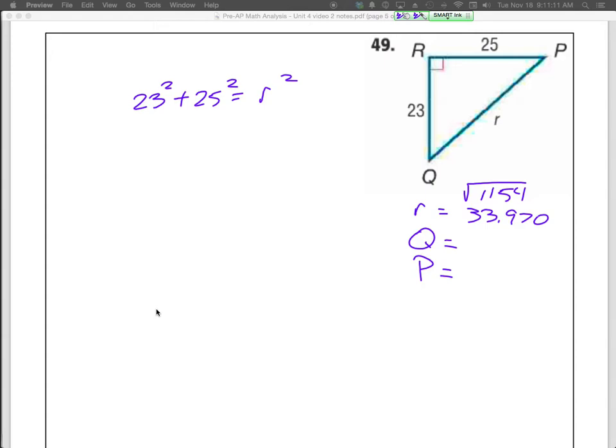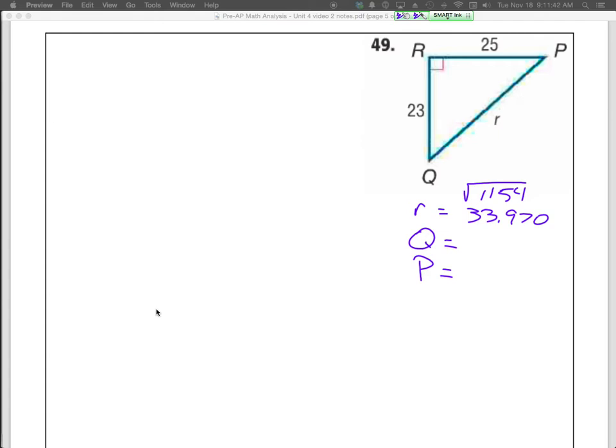Good. So now I need to find angle Q and then angle P. So let's find angle Q first. AJ set something up for me to find angle Q. You have the opposite angle for the opposite side.